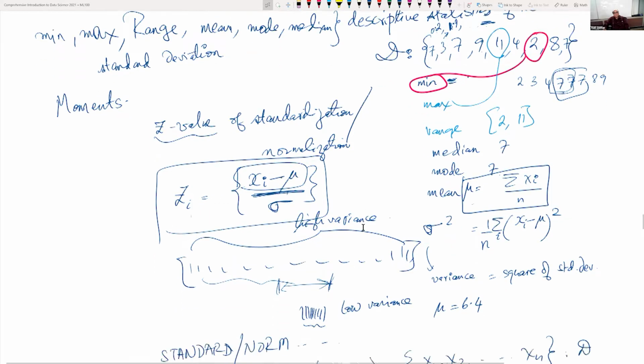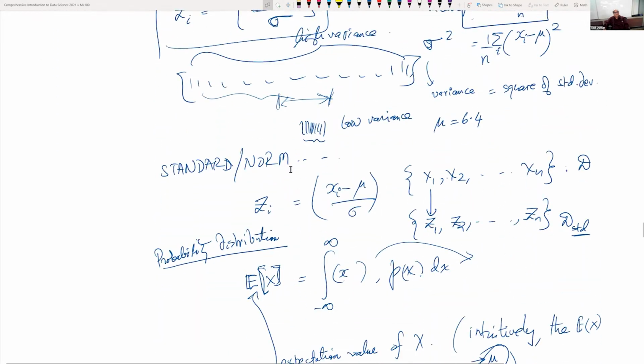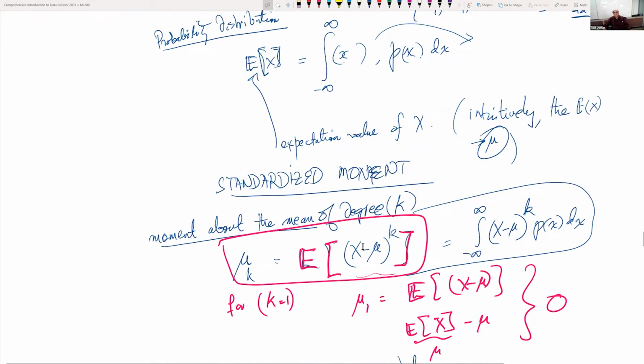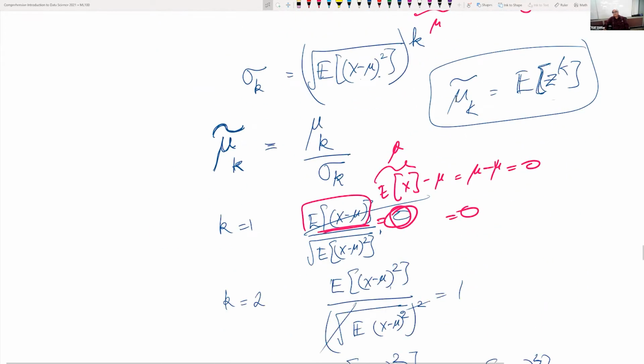Now, when you take the Z value, there is a concept of the moments of the Z value, which is this. Let me forget all this and put it simply. The normalized moment is the Z value to the power k.